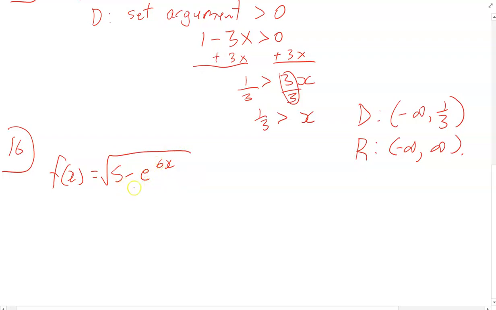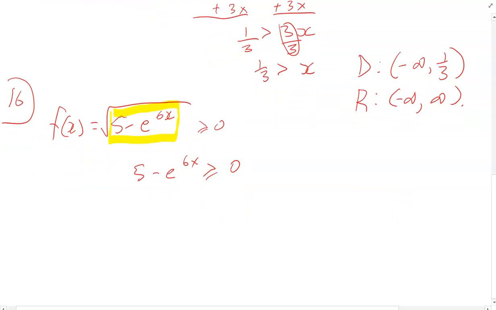The square root of 5 minus e to the 6x. What we know about the radical restriction is that anything underneath the radical, which in this case is 5 minus e to the 6x, must be greater than or equal to 0. So 5 minus e to the 6x is greater than or equal to 0.